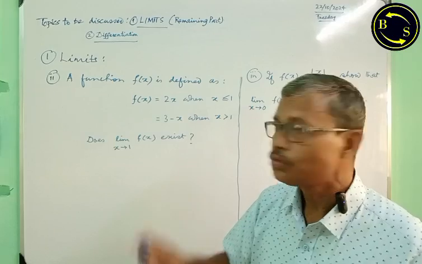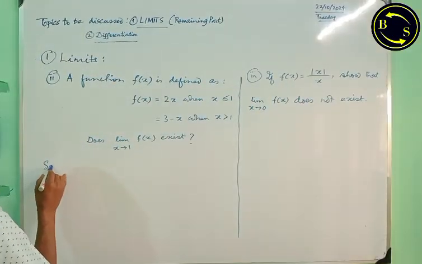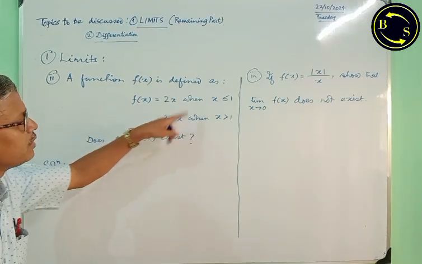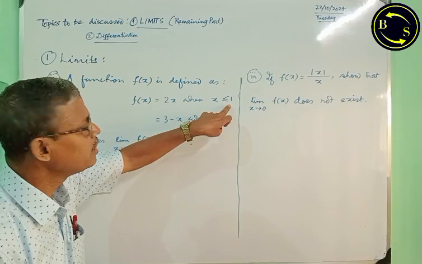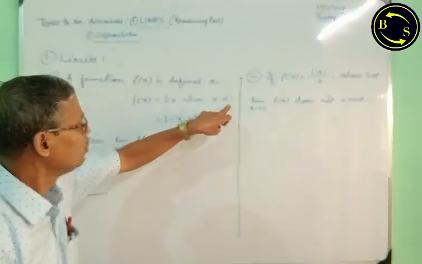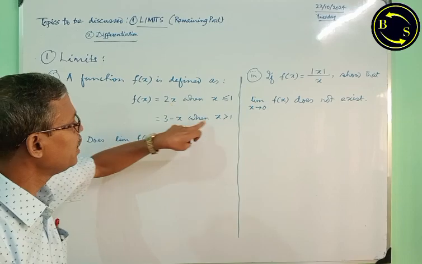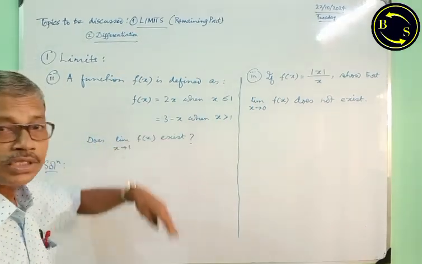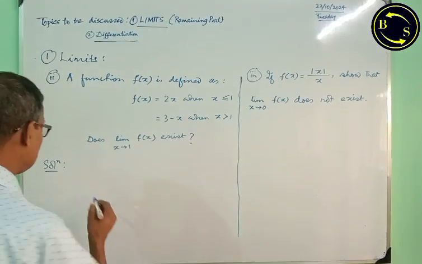Next, I have taken two sums. f x is defined like this. When x less than or equal to 1, then f x equal to 2x. When x greater than 1, f x equal to 3 minus x. We have to discuss about the existence of the limit, this one.